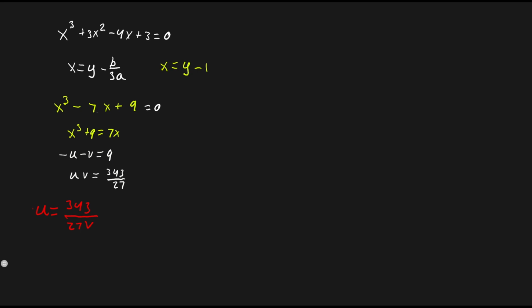And now just plugging in u directly into our first equation, we will end up getting -343 divided by 27v minus v is equal to 9. We're just going to multiply by v to get -v squared minus 343 divided by 27 is equal to 9v.